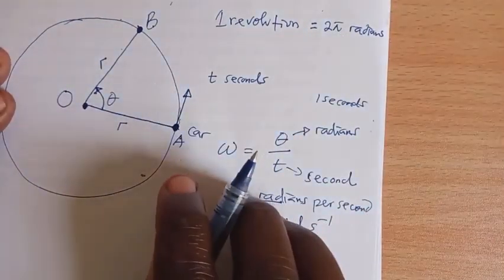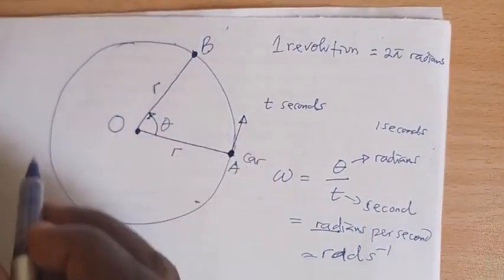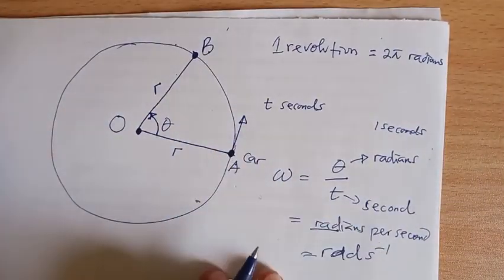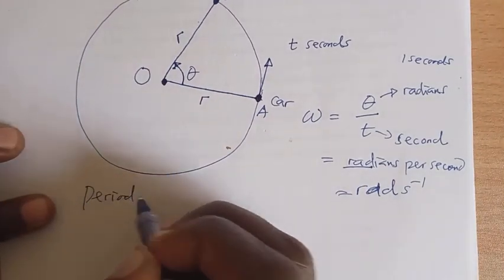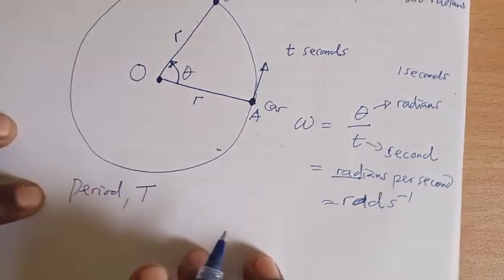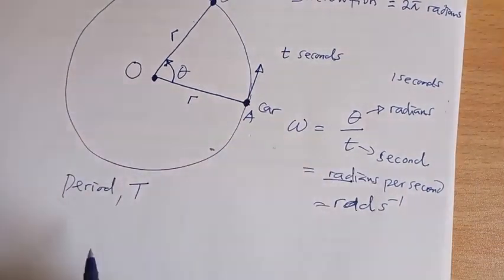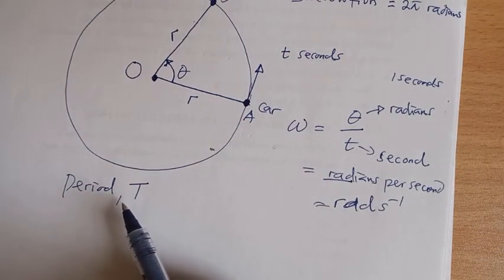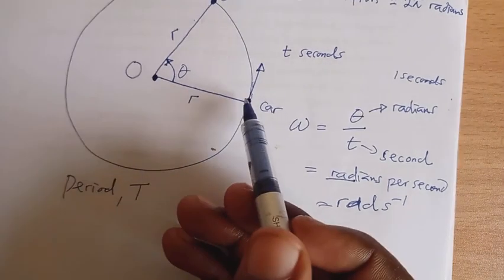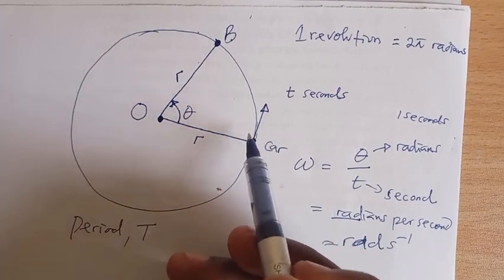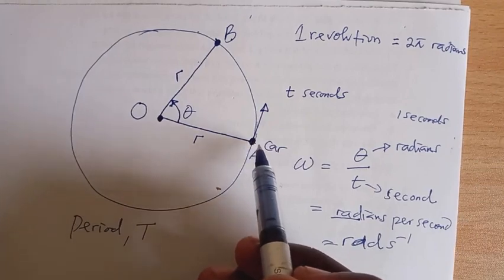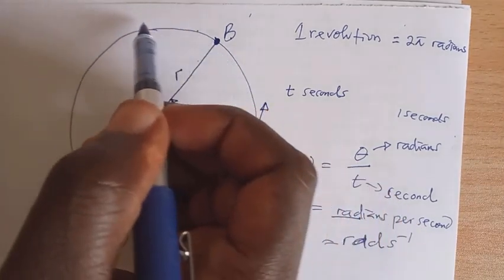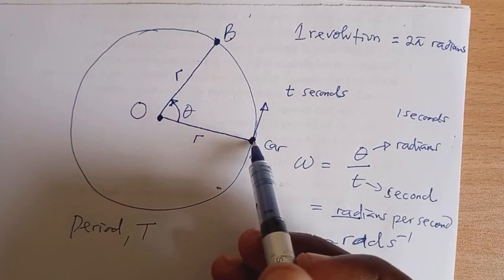Here theta is 2 pi radians, and the time taken to make 1 complete revolution is a special time in physics, and we give it the name period to differentiate it from the usual time t. We give it a capital letter T. Capital T stands for period in seconds, and is the time taken to complete one revolution. If it started from A, it is the time taken to move around this track and come back to A again.